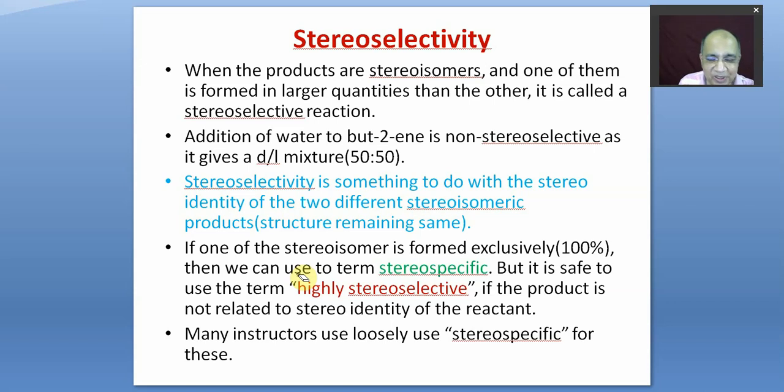Next video, I will be talking only about stereospecific reaction. But now I want you to familiarize with the term stereoselective. Whenever you get two stereoisomeric products in unequal amounts, always use the term stereoselective.